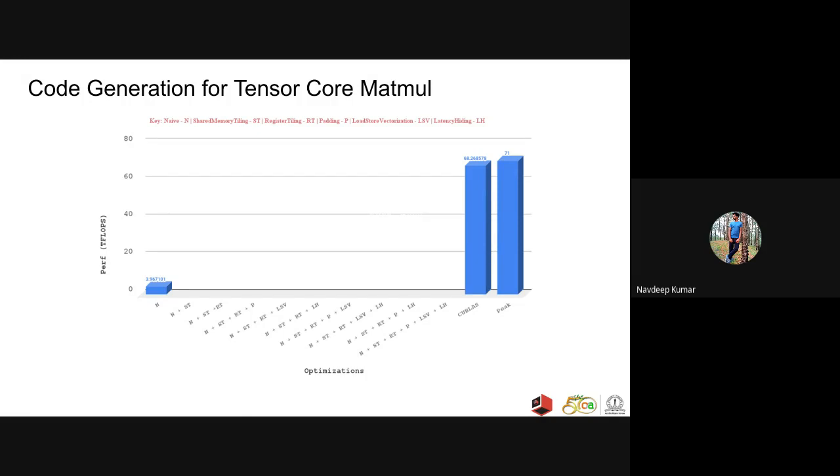This is a mixed precision matrix multiplication on an Ampere RTX 3090 Ti, where the peak is 71 teraflops and cuBLAS achieved 68.26 teraflops. The matrix size is 8192 cross 8192 cross 8192. It's a square matrix, and the problem size is square. So, starting off at 3.9 teraflops.